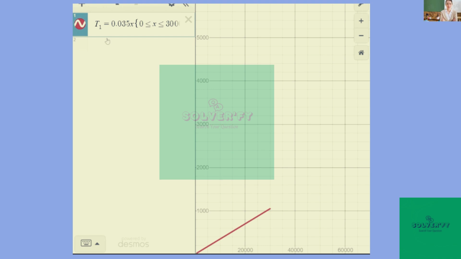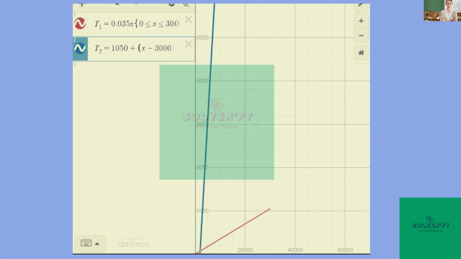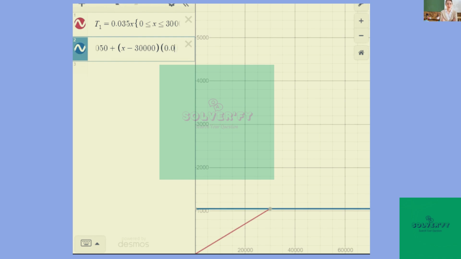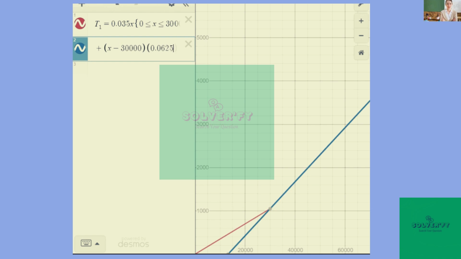And this $1,050 is great because if you remember, in category 2, the minimum that they need to pay is actually $1,050. Now for this one, we need to get the excess of 30,000, and we multiply that excess by 6.25%.